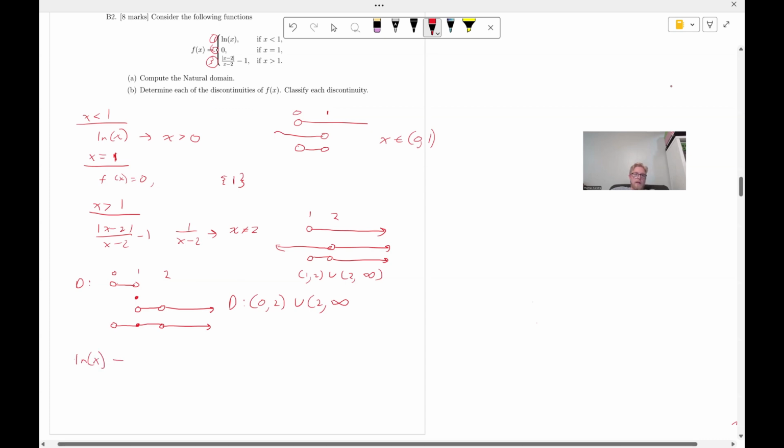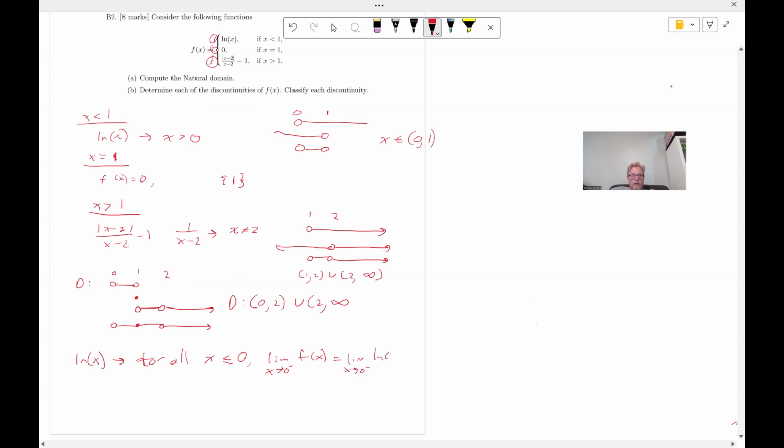Ln of x implies that for x less than or equal to 0, the limit as x approaches 0 from the negative of f of x equals the limit of ln of x, which does not exist.